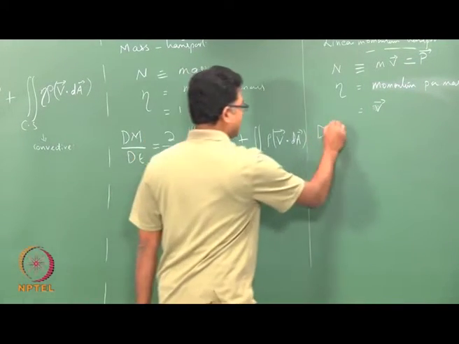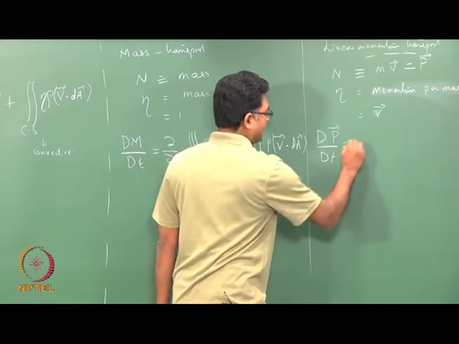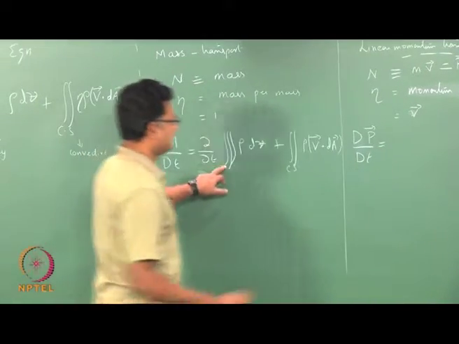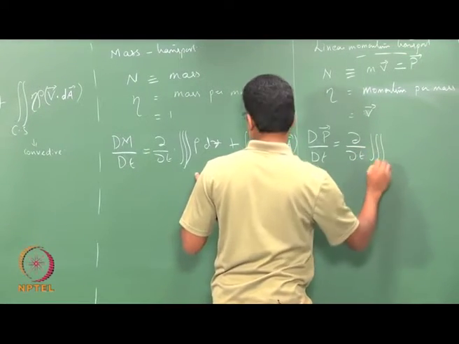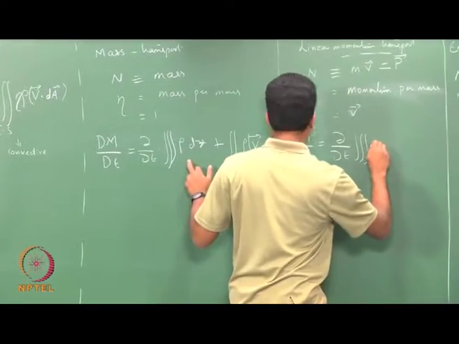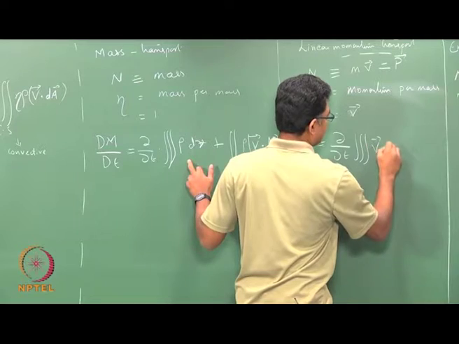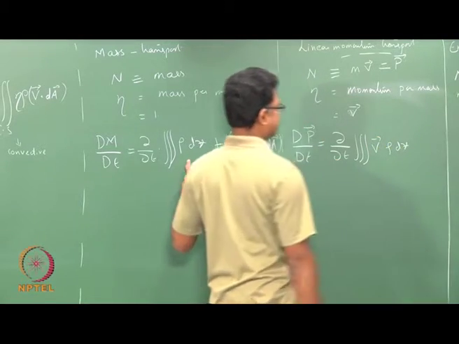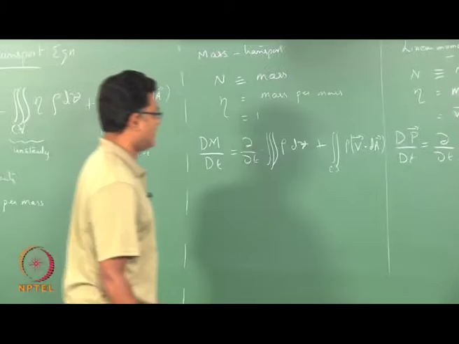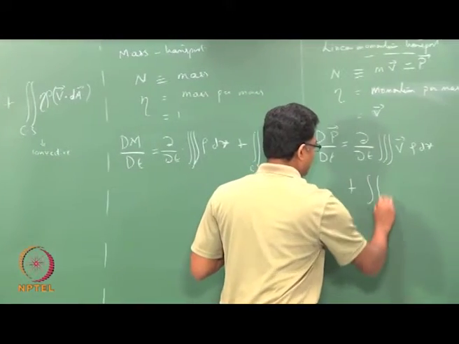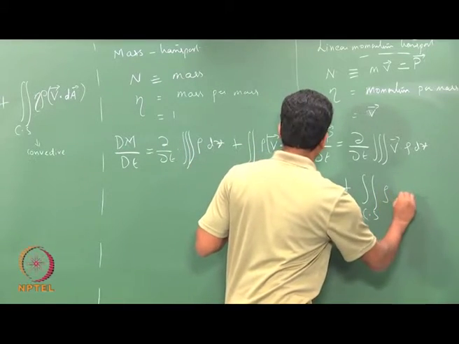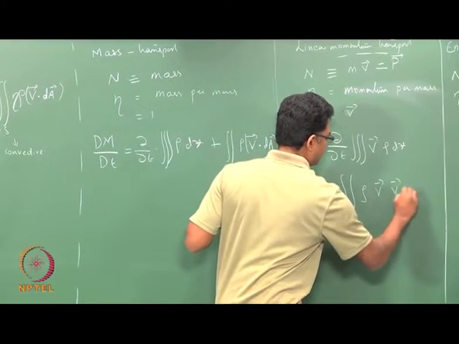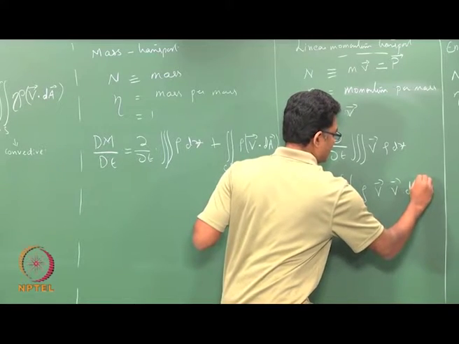So, the momentum vector is transported in the following form: dou by dou t of the triple integral, where instead of eta we now substitute V, so it is V vector rho dV, plus the surface integral rho V vector dot dA.